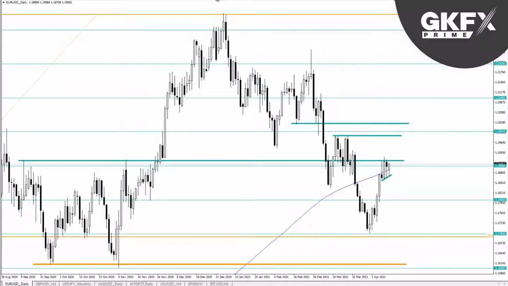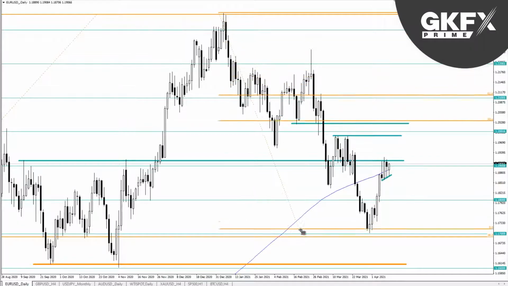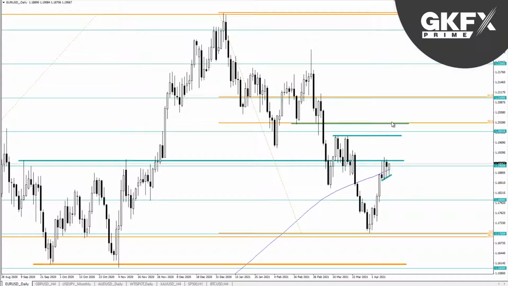But also, I'm going to draw this Fibonacci back in now. You can see that there's a nice confluence with the 50% Fibonacci and these previous lows through here, and then potentially we could even go up to the 61.8, and that lines up quite well with the 121 handle. So those would be the upside targets.